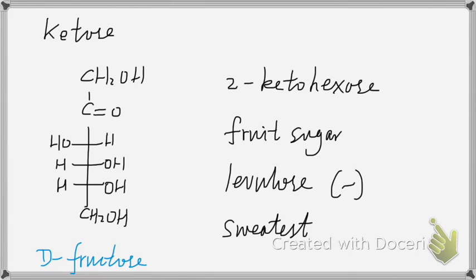Dextrose, for D-glucose, has the positive rotation, while fructose has the negative rotation. Its optical rotation is counterclockwise, negative. And the fructose is the sweetest sugar of all. It's sweeter than sucrose, our table sugar.